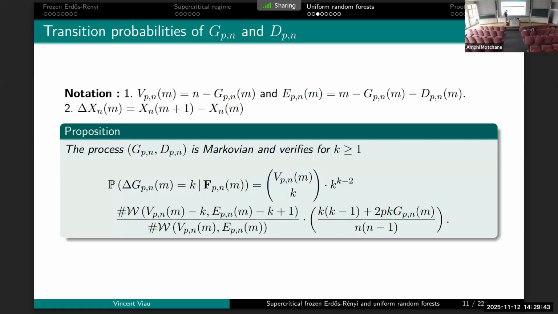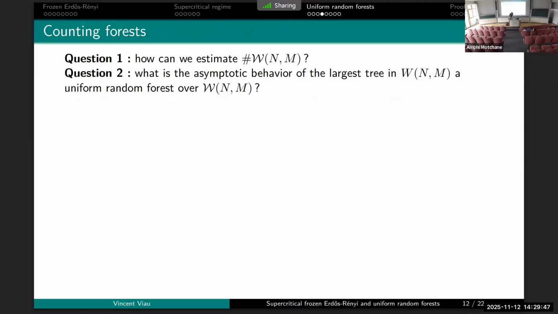Okay, so because of this term and because of the free forest property, we are going to try to answer two questions. The first one is, how can we estimate these quantities for any values of n and m? And the second one, to upper bound the jumps of the process G. So the second question is, what is the asymptotic behavior of the largest tree in a uniform random forest?